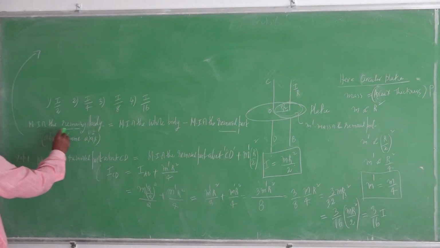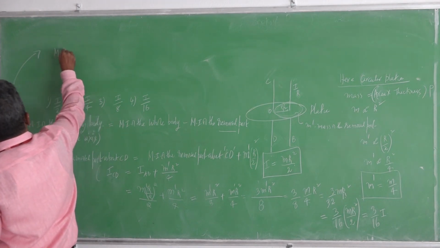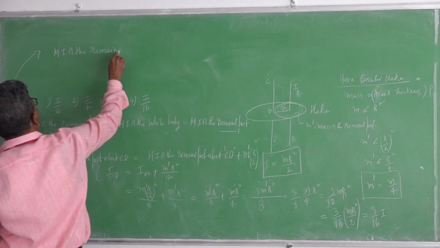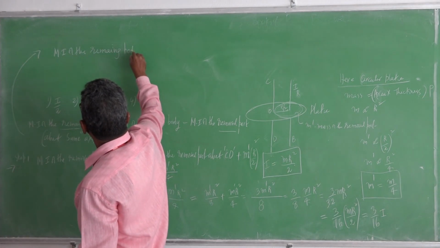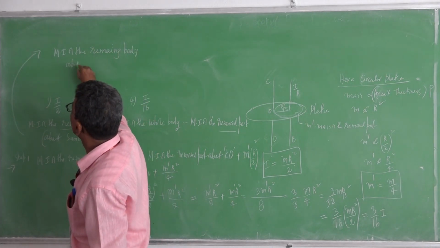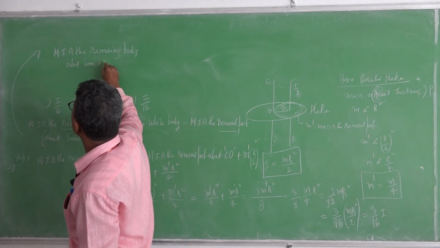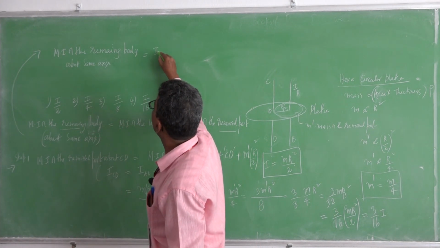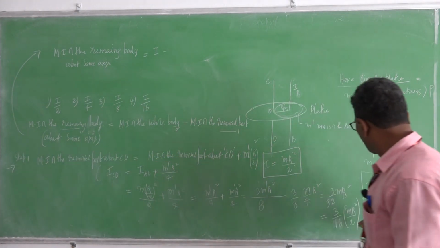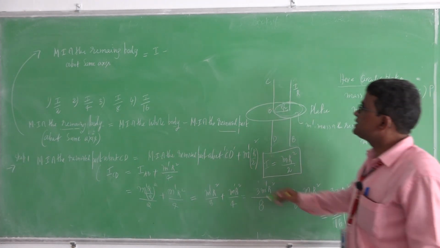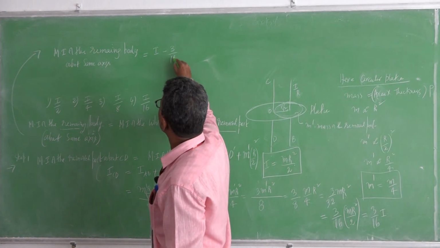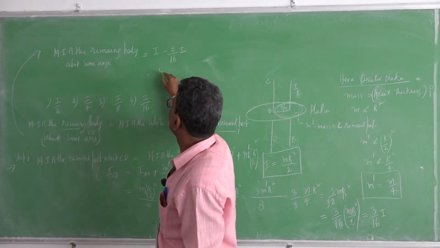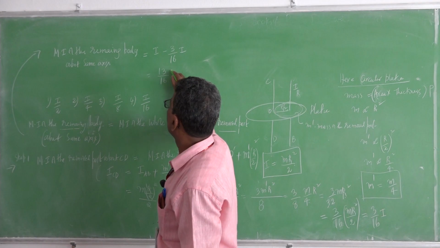The moment of inertia of the remaining body about the same axis is the moment of inertia of the whole body, I, minus that of the removed part, 3 by 16 I. So this one is 16 minus 3, that is 13 by 16 I.